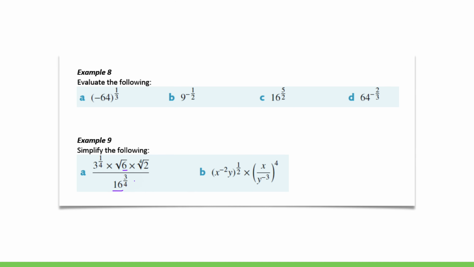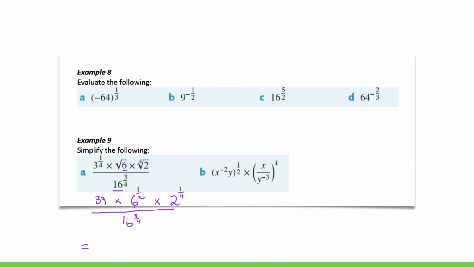So at this point, I can't add or subtract anything because I have no similar bases. So what I can think about is that, first of all, I can write the square root of 6 as 6 to the power of half, and I can write the fourth root of 2 as 2 to the power of a quarter. And that's all on 16 to the power of 3/4.